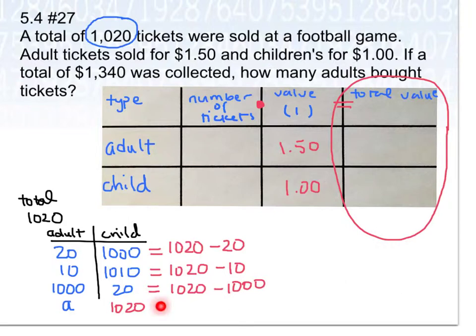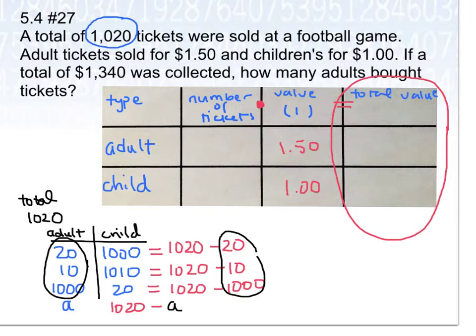Write that down. And I notice that the last number is varying, and that last number depends on however many adult tickets we have. So the expression for the number of child tickets should be 1,020 minus A, the number of adult tickets.